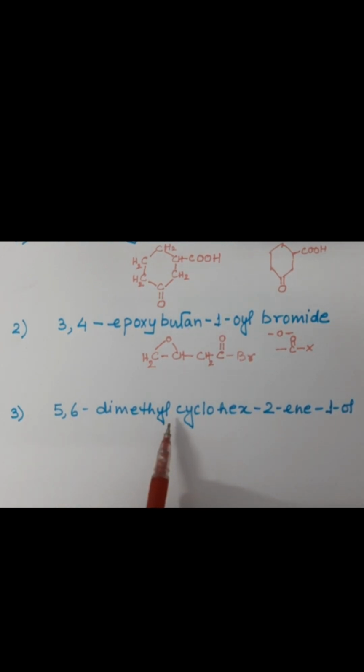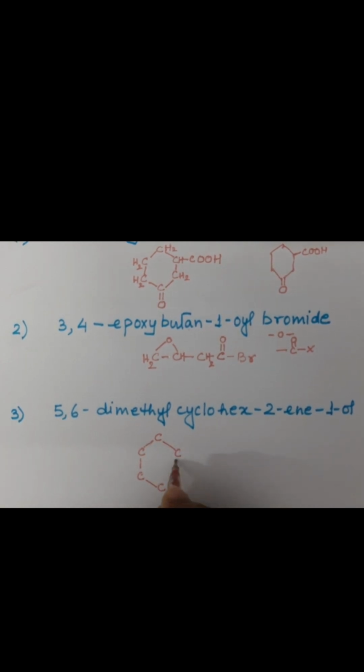5,6-dimethyl cyclohex-2-ene-1-ol. So again it is a cyclic compound and it is hex. So 1, 2, 3, 4, 5 and 6. Okay.